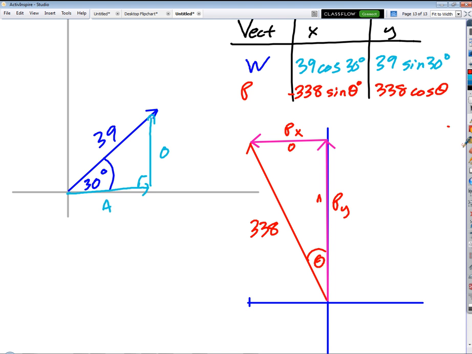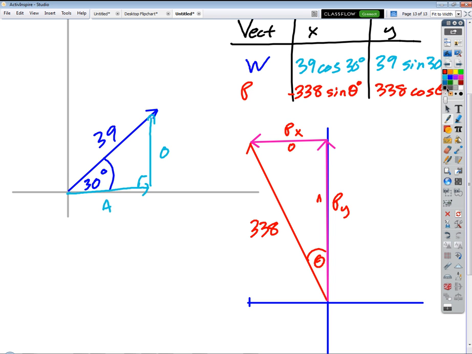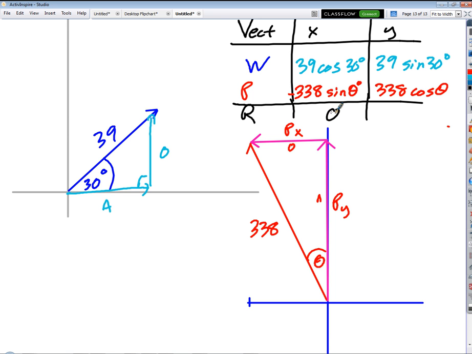So that vector has a negative. When we add up our resultant, it has to be zero, because we don't want there to be any x component. We want the plane to actually end up traveling due north.